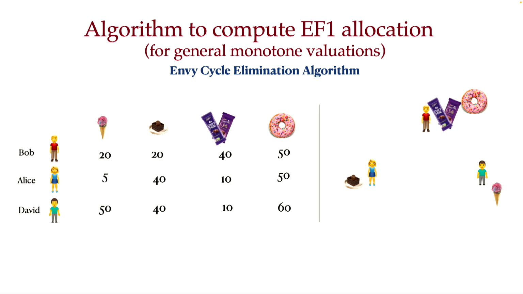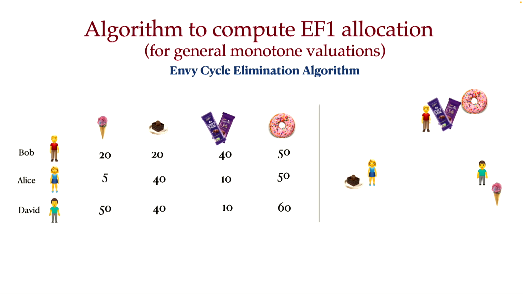That is exactly the proof of EF1. Now, you understand why I am allocating to the source person? Because nobody envies him at this point of time, and now I am allocating to this person. So, if I forget this item, then nobody envies him.